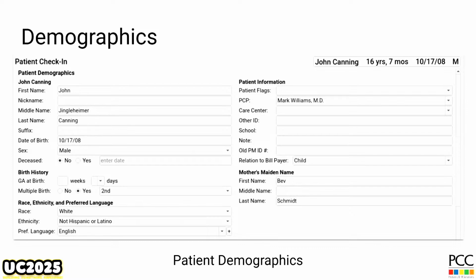Actually, it's been less and less of a problem now that people have noticed there's a nickname field, but I just wanted to mention that. Use the fields as they're intended, and you'll have a lot more success with the registry, because we use these fields very specifically to communicate with not just the registry, but with HIEs, with labs, with all kinds of things.